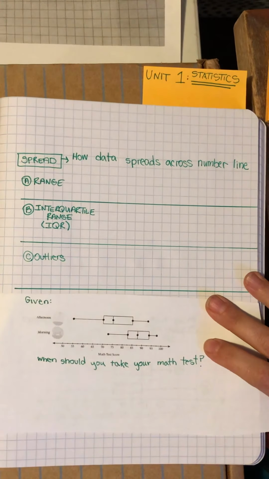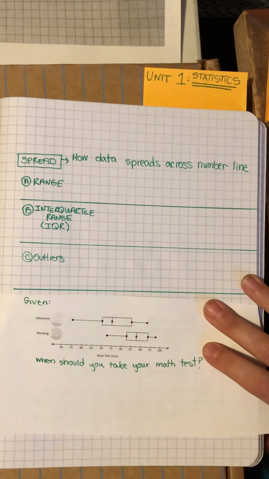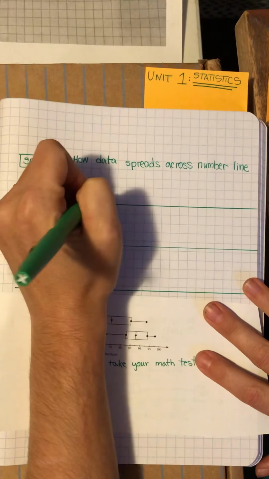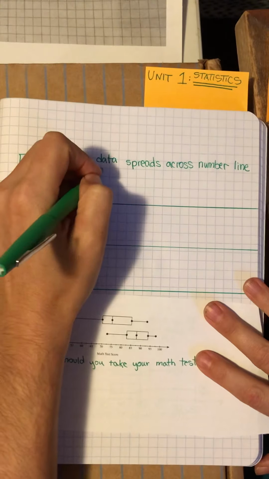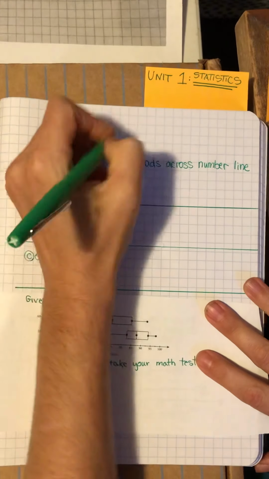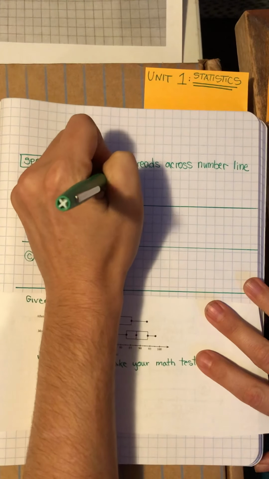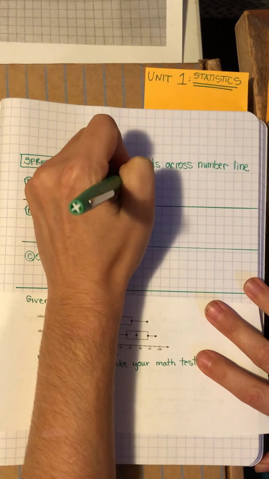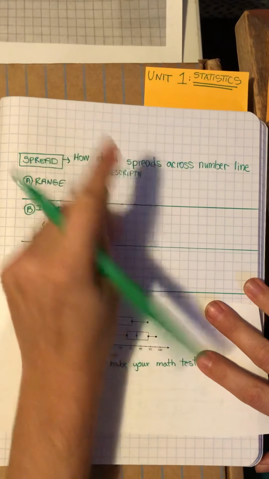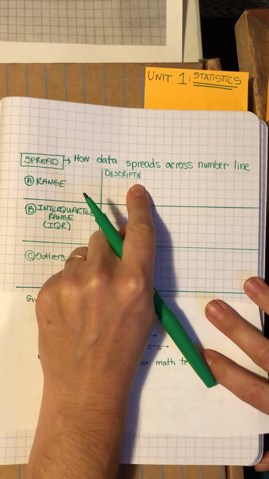Okay, so these we've talked about before. So range. I'm going to write the description. Sometimes I leave out vowels.